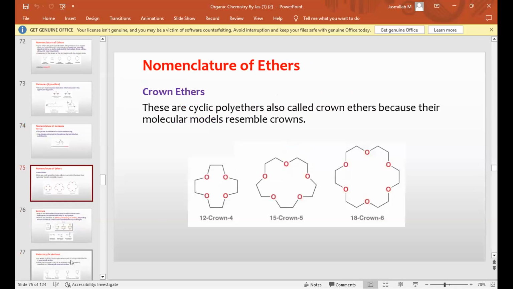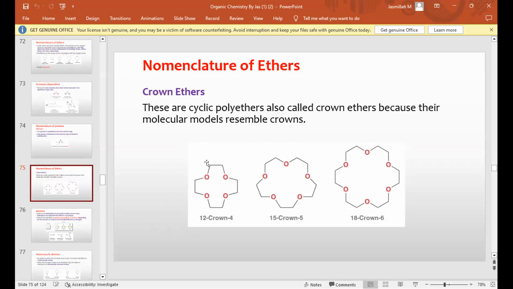Then there are these other ethers known as crown ethers. These are cyclic polyethers, and they're known as crowns because of their molecular models, which resemble crowns. So these crowns are named by counting the number of atoms.